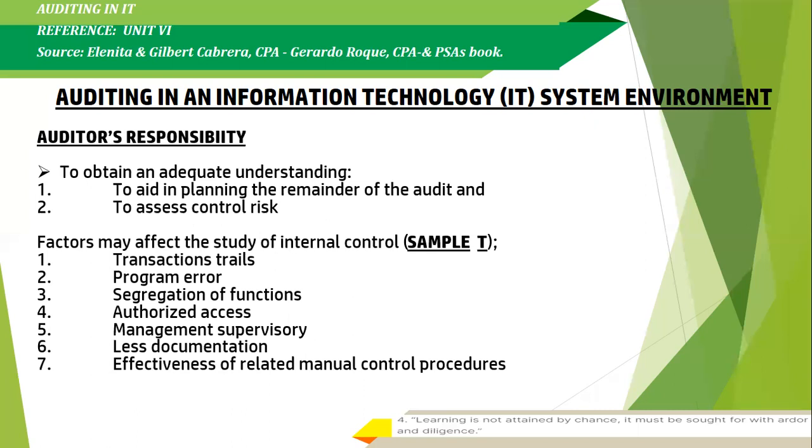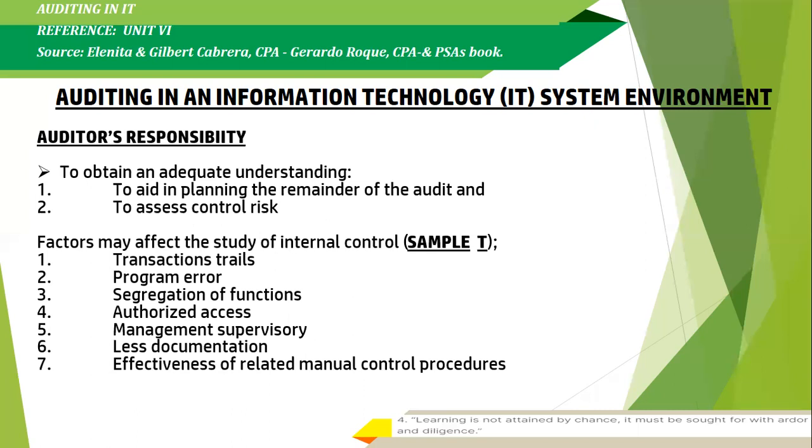So computer system may include computer controls that affect the effectiveness of related manual control procedures that use computer output. So, diba, we have input, process, and output system natin. So, once na sa IT natin, I mean sa system environment ng customer natin, ginamitan nila ng IT, so much more time mag-rely doon sa computer rather than doon sa manual, diba?